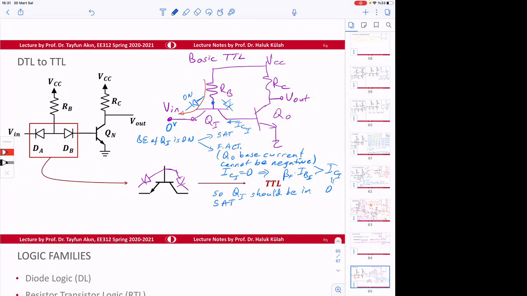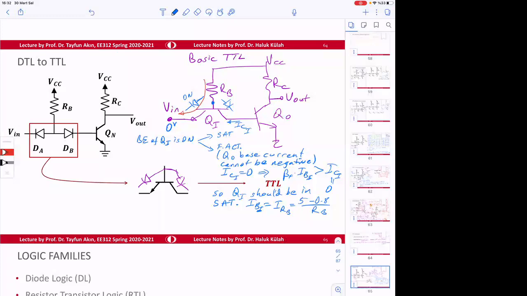Okay, so if so, I can calculate also beta F times I base of I, which is equal to IRB, can be easily calculated to be 5 minus 0.8 divided by RB.